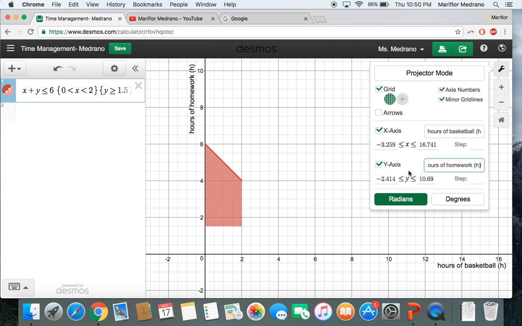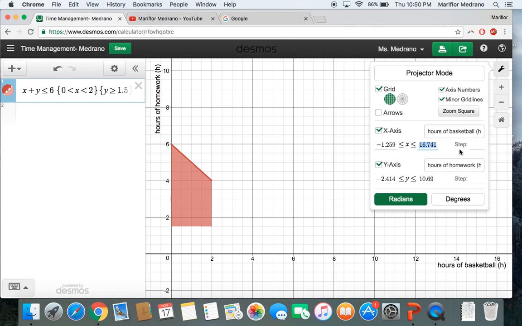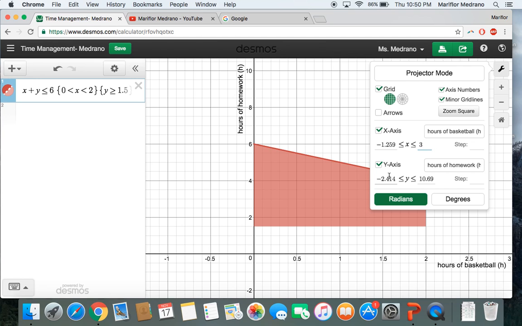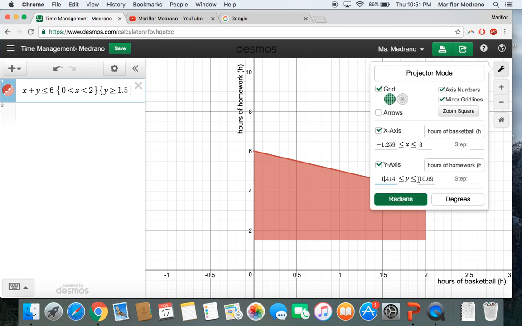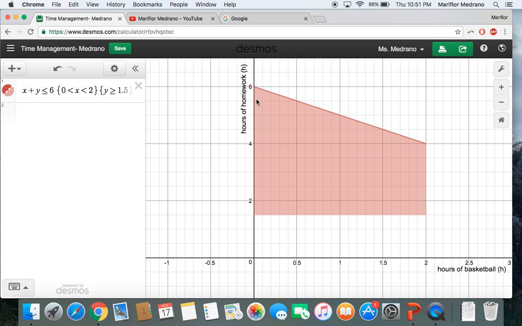If this is happening from 0 to 2, and I want to see as much as possible because all this negative space is not interesting to us, we're going to do maybe -1 all the way to 3. And in the y-axis, maybe -1 all the way up to 7. So now we have a bigger picture of what our graph looks like.